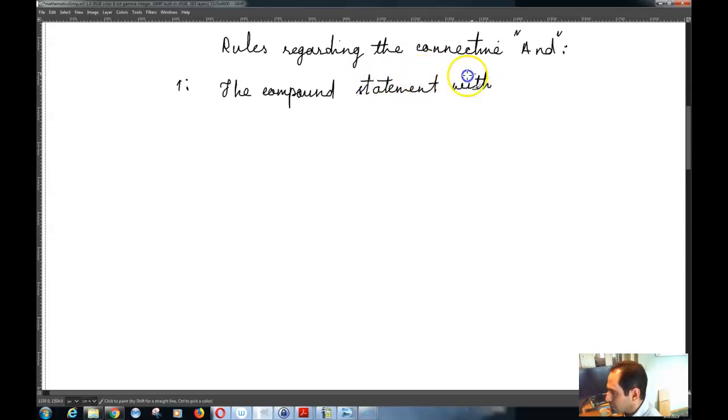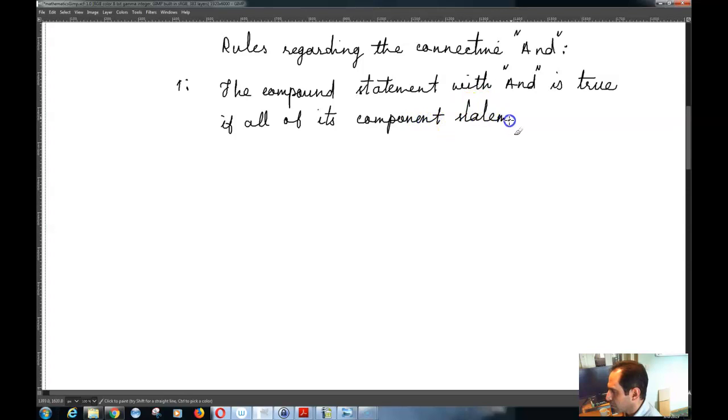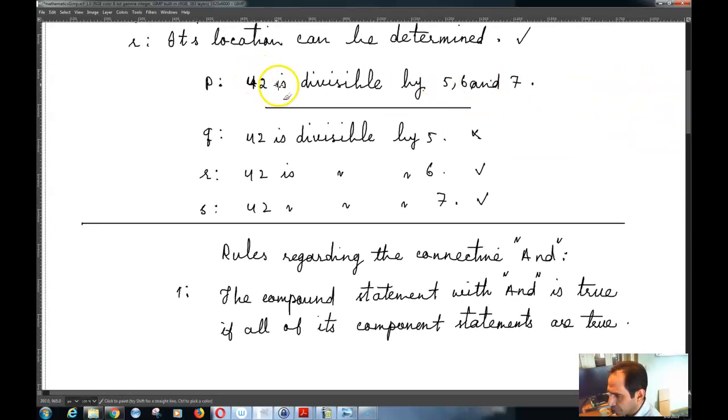This is important. For example, when you say 42 is divisible by 5, 6, and 7, the component statements of this compound statement are these three, and of course you see that this one is false, so this cannot be true. It will be false.